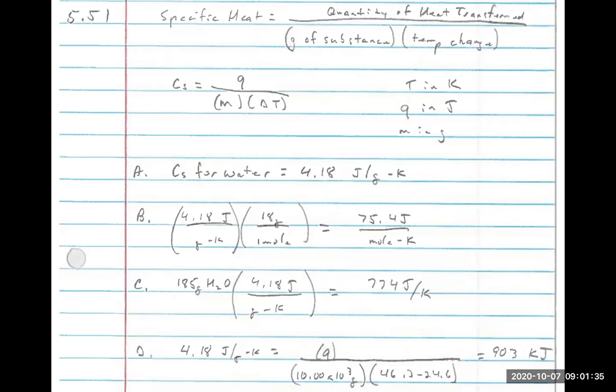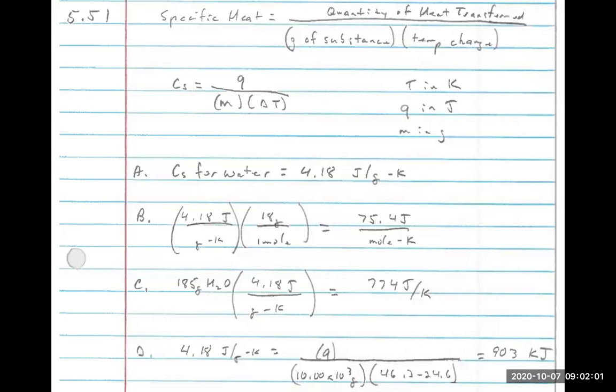So the scales are the same. It's just 273 added to it. So if you want to be 100% safe, you could add 273 to each of those and do the subtraction, but you're going to get the same number in this case. So you would then rearrange this to solve for Q, and you would get 903 kilojoules.